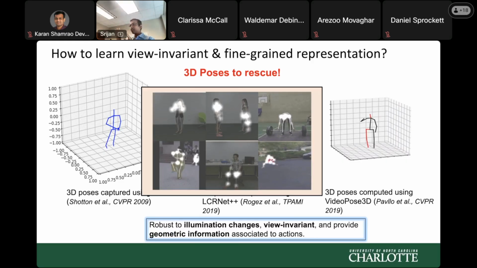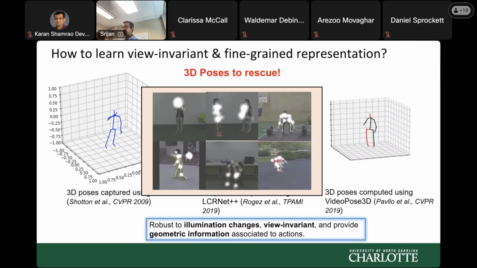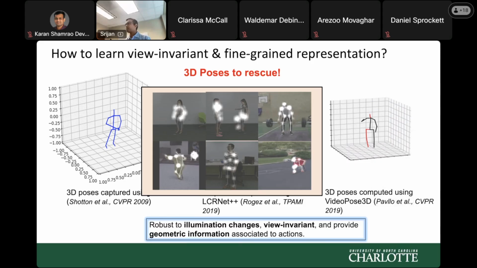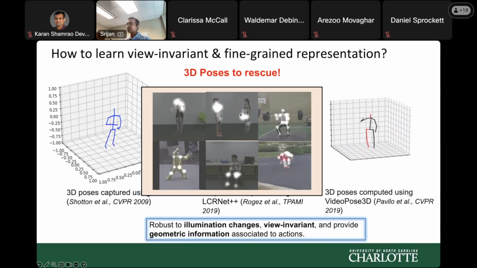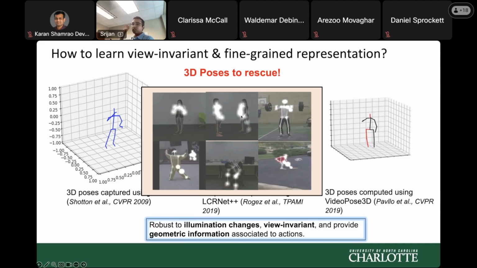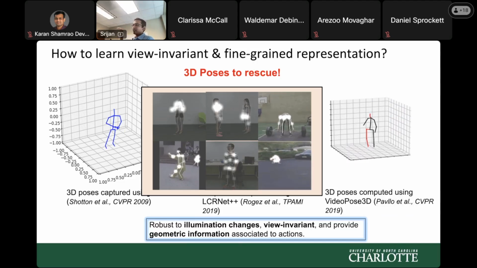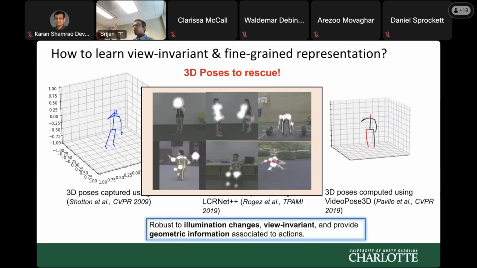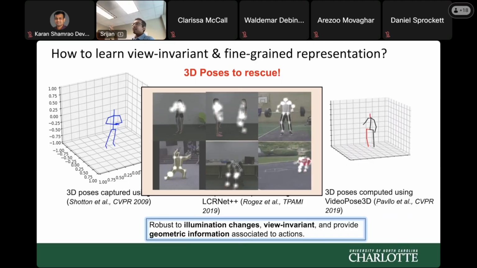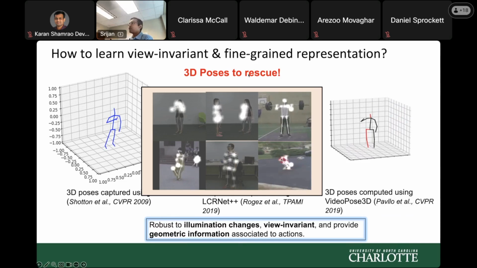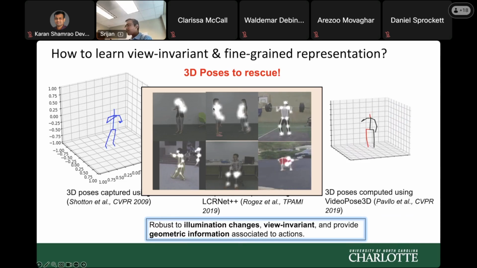And this is the kind of heat map that you get. So you can basically understand that, okay, if the action is happening somewhere here, the movement in the 3D poses is translated into some sort of attention, and we enforce the model to focus on those areas.